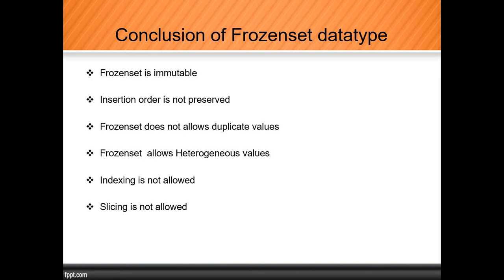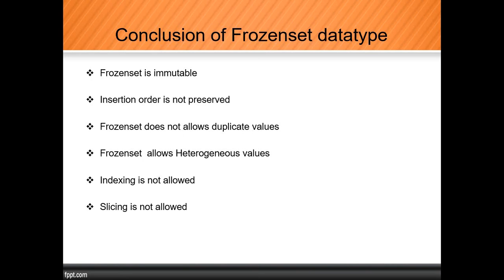Now what is the conclusion for frozen sets? Frozen set is immutable. Yes, it is true. Insertion order is not present. Yes, it is true. Frozen set does not allow duplicate values. Yes, it is true. Frozen set allows heterogeneous values. Yes, it is true. Indexing and slicing are not allowed. Make a note of that.